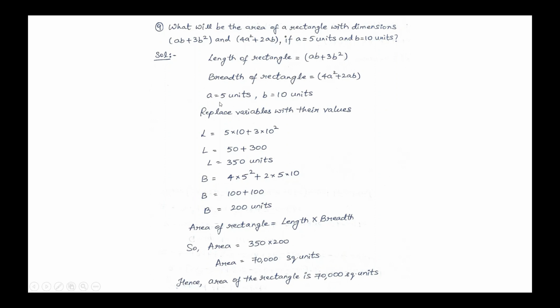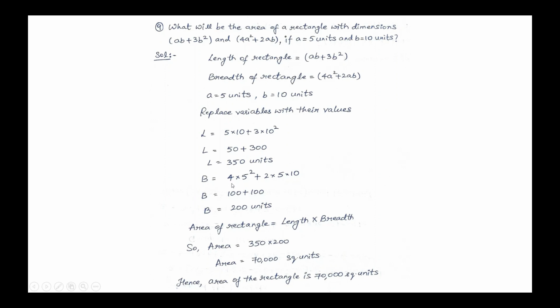We are given the values a is equal to 5 units and b is equal to 10 units. So now let's replace the variables with their respective values. L is equal to 5 into 10 plus 3 into 10 square, that is 50 plus 300, which is equal to 350 units.